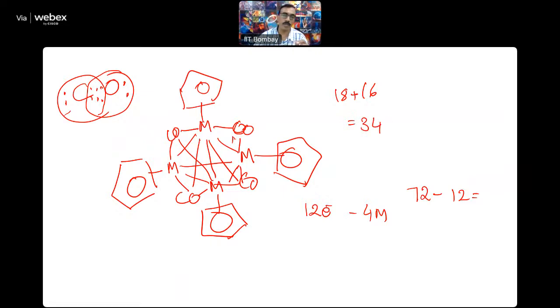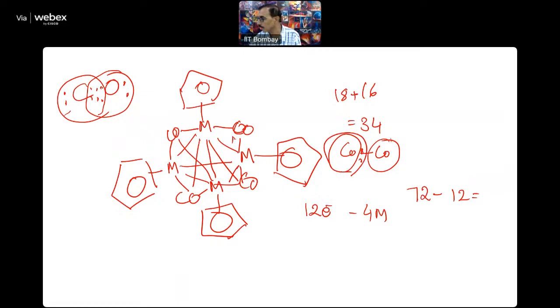There is a shortage of 2 electrons to have an 18 electron configuration. As a result, a Co-Co bond will be there. When the Co-Co bond is there, when I'm counting 18 for this one, this will be having 16. And when you are counting 16 for this one, this will be having 18. But at a given time, when this comes, both of them will satisfy.